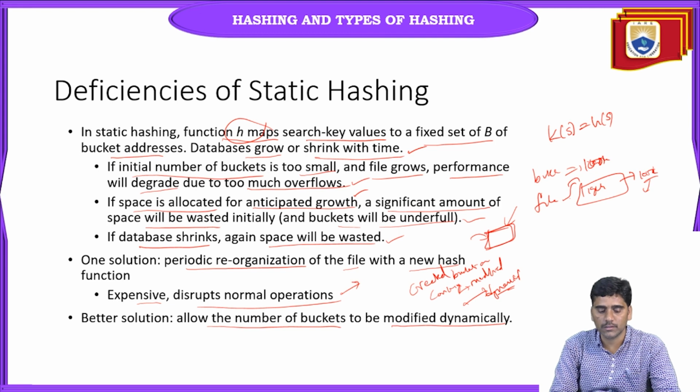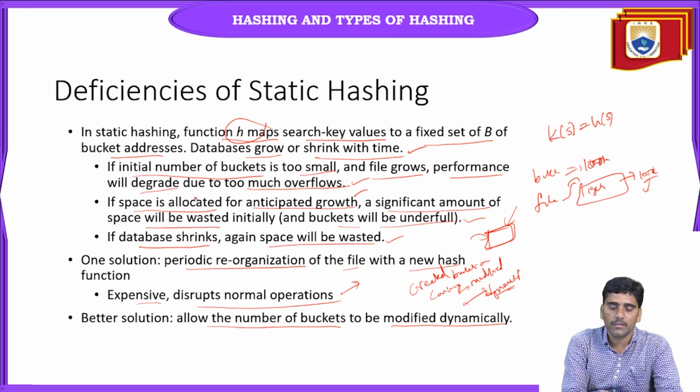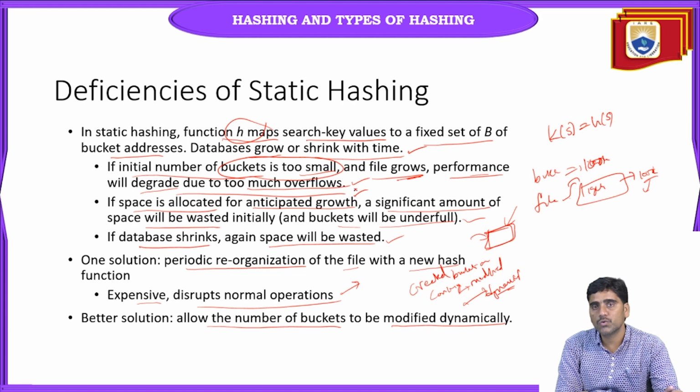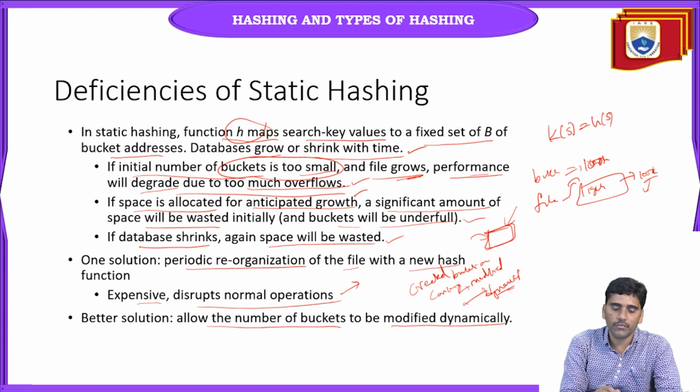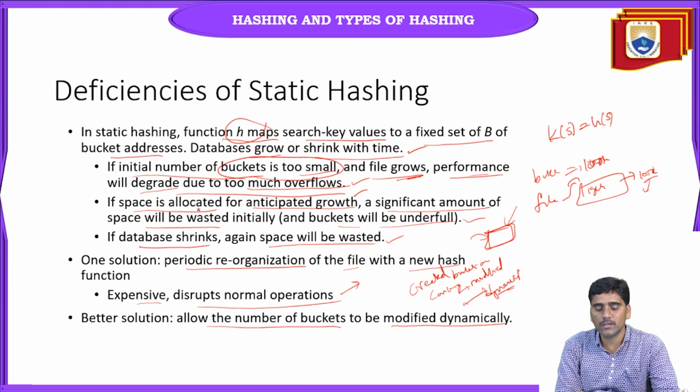Deficiencies of static hashing. What are the deficiencies? If initially the number of buckets is too small and the file grows, the performance will degrade because of too many overflows. And if space is allocated for anticipated growth, then a significant amount of space will be wasted.